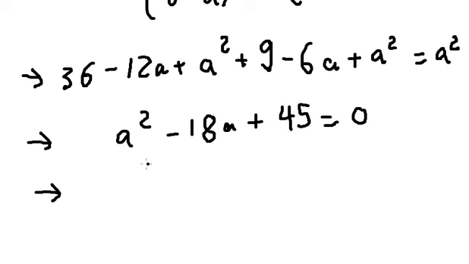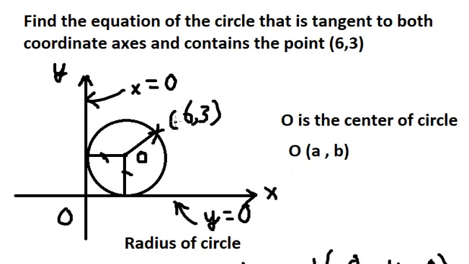And now we need to find the solutions of a. So we have a equals 3 and a equals 15. If we look carefully, a equals 15 is bigger than 6 and 3. That means this circle will go outside in here, so the point cannot be on the circle.